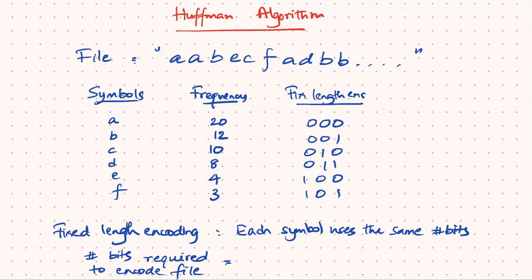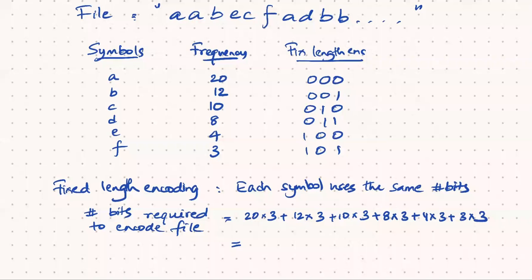So it's 20 times 3 bits for A, plus 12 times 3 for B, since B occurs 12 times. C occurs 10 times, 3 bits, and so on. E occurs 4 times, 3 bits, and F occurs 3 times, 3 bits. So this works out to be 171 bits. So our entire file would take 171 bits using this fixed length encoding.